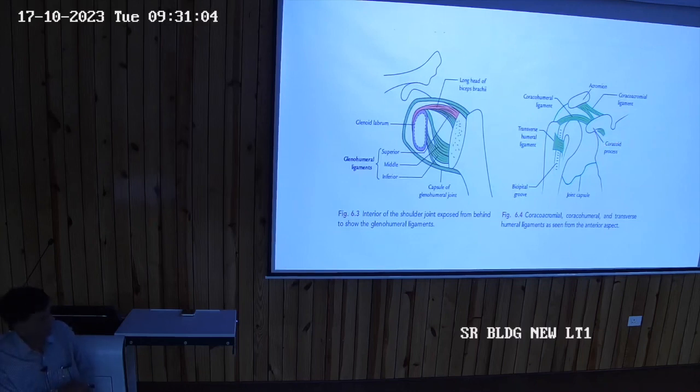The fourth ligament. This is the coracoid process. Extending from the coracoid process to the greater tubercle of the humerus, there is another ligament that is called the coracohumeral ligament.